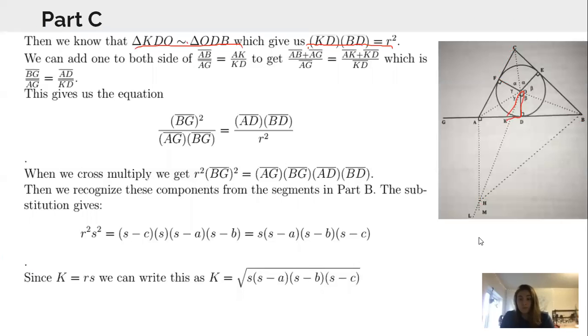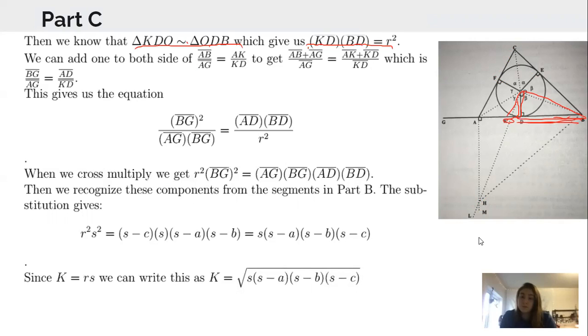And triangle ODB is right here. So we get to see that these two are also similar. So KD, this segment right here, times BD, which is right here, gives us R squared. It's just two R's in there.